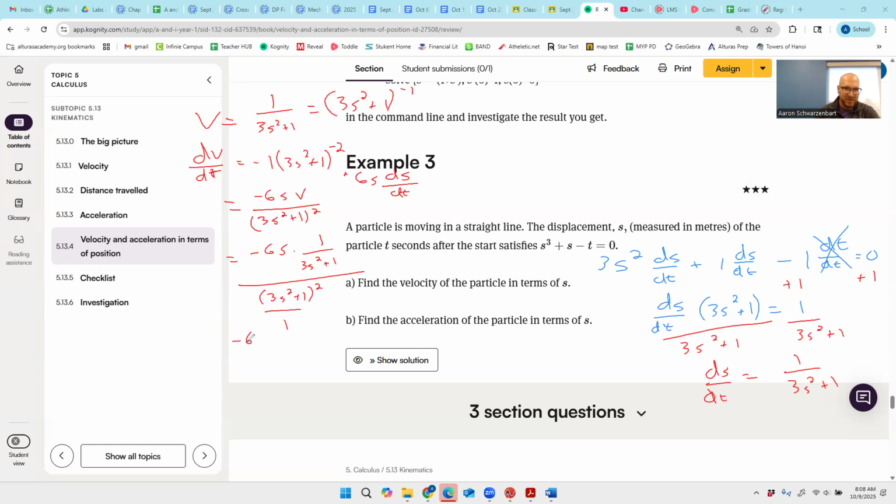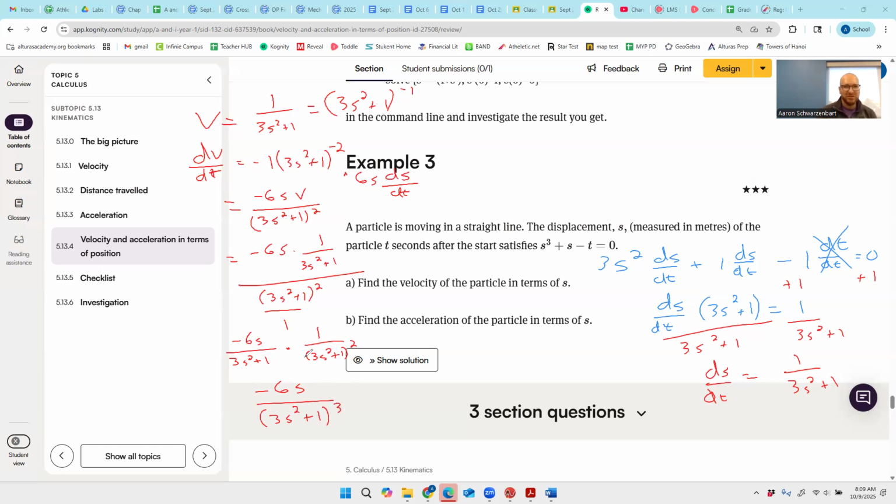This can become, the top is negative 6s over 3s squared plus 1. The bottom, when I multiply by the reciprocal, 3s squared plus 1 squared. So I end up with negative 6s over 3s squared plus 1 cubed.